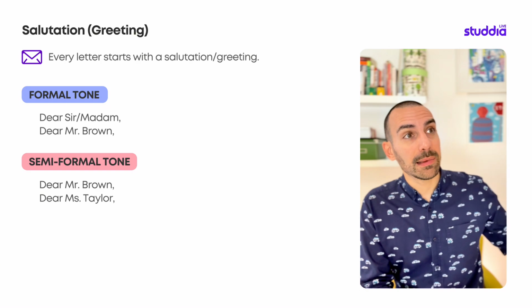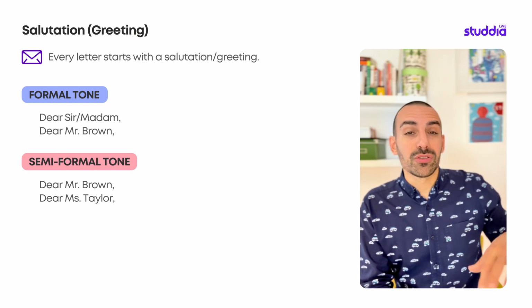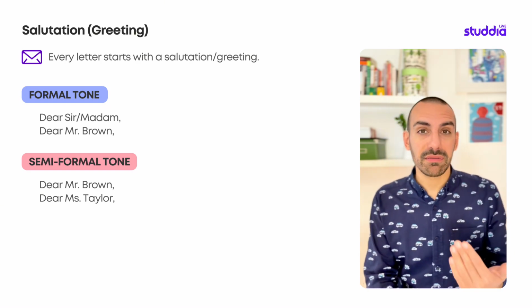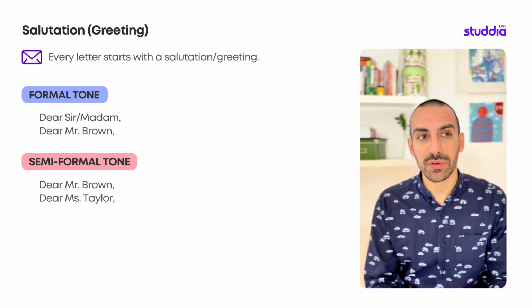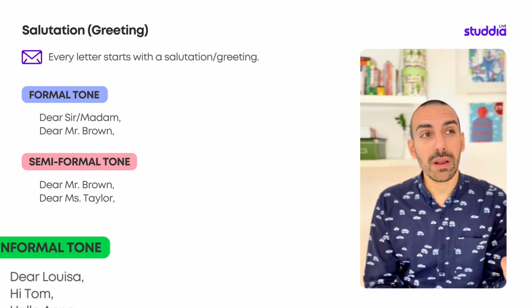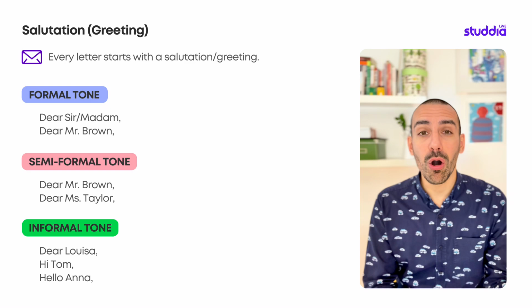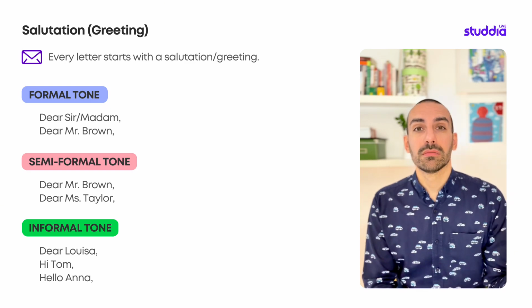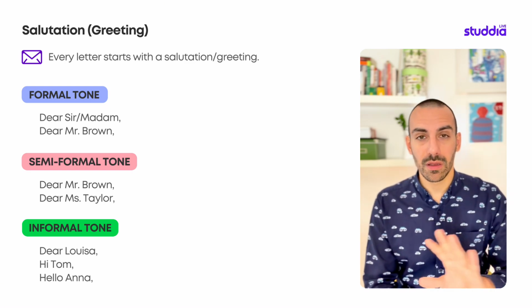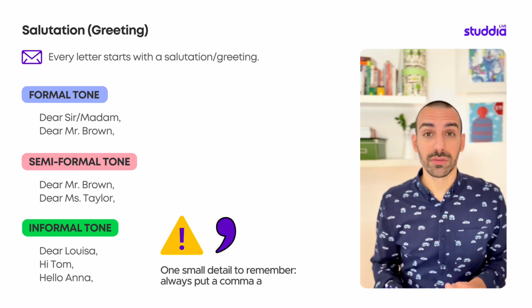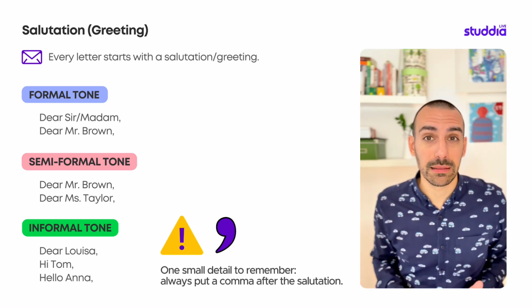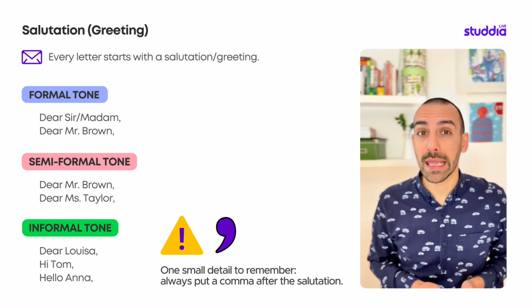So the title and the surname, because you know it already. You already have some sort of relationship with that person. For an informal letter, write "Dear Louisa," "Hi Tom," or "Hello Anna." First names only. That's it. The first line of your letter is just a greeting, a clear, appropriate way to say hello to your reader.